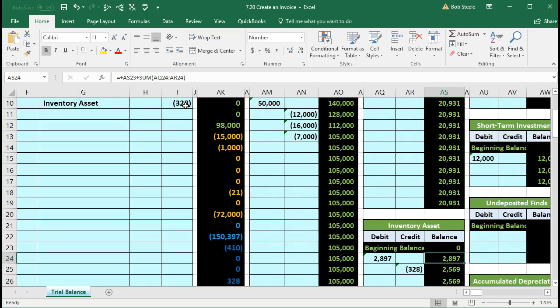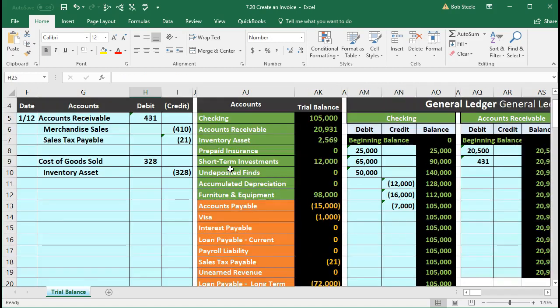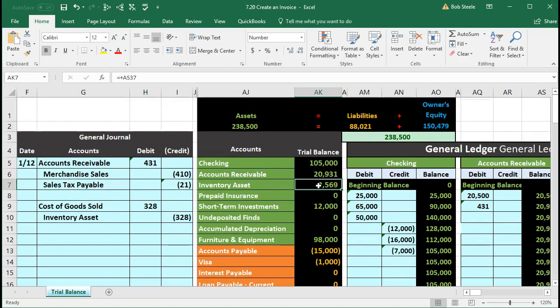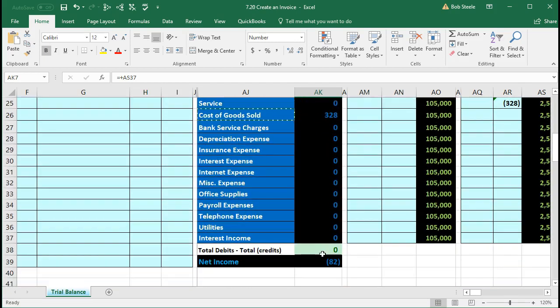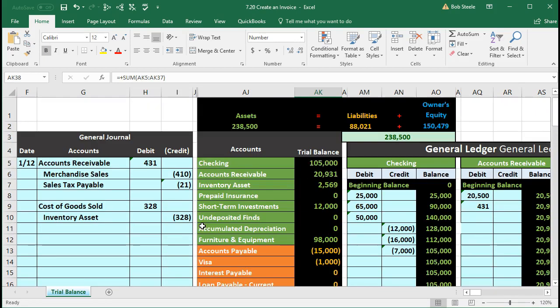So inventory went from here down by 328 to 2,569. If we scroll back over, we see that 2,569, and we are back in balance.